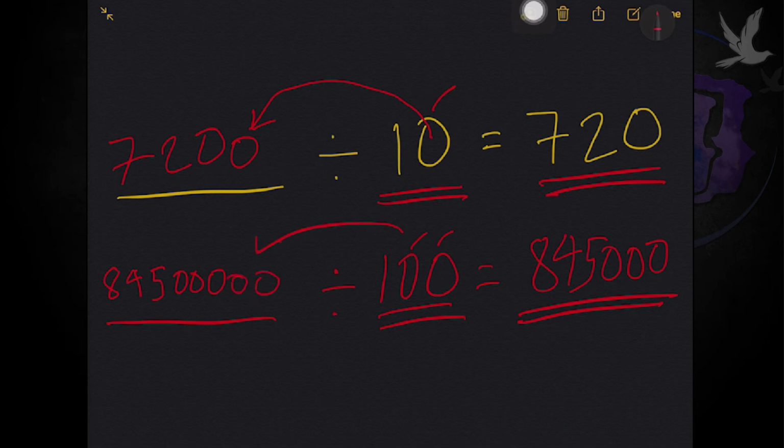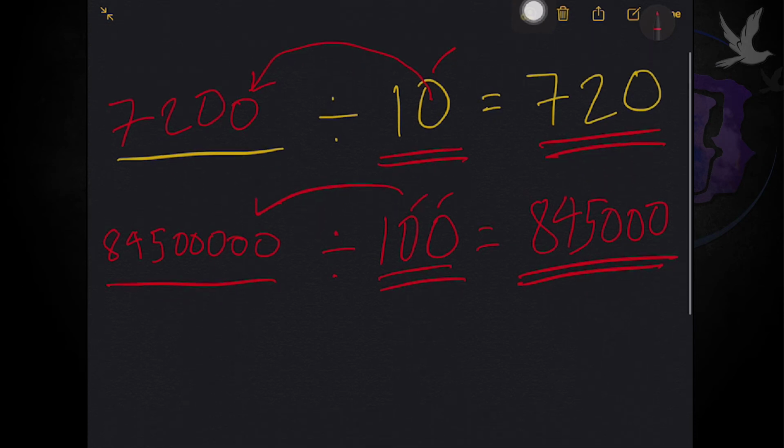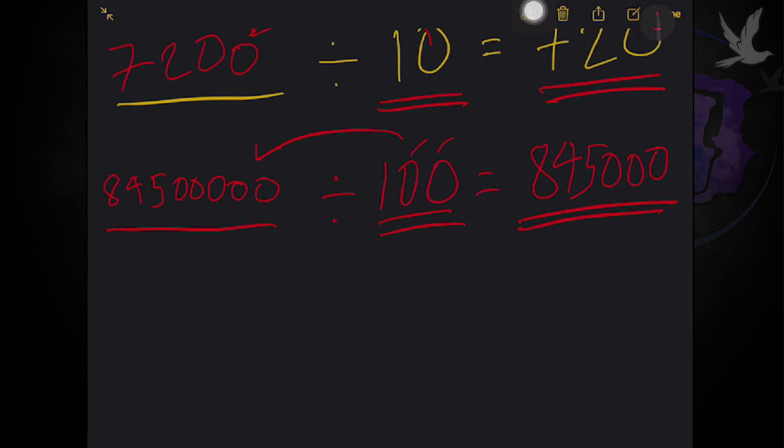Okay, so which means our final answer here will be 84,500,000 divided by 100 is 845,000, and that's it.